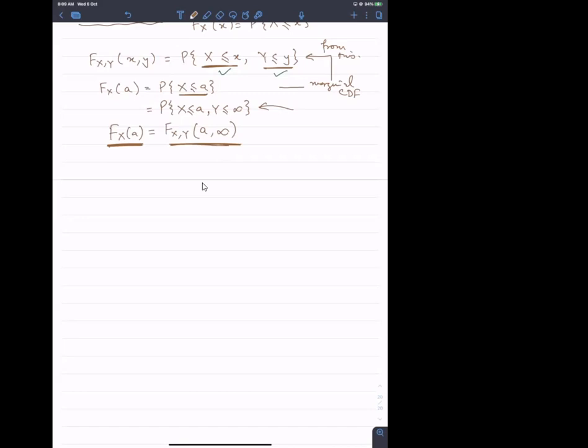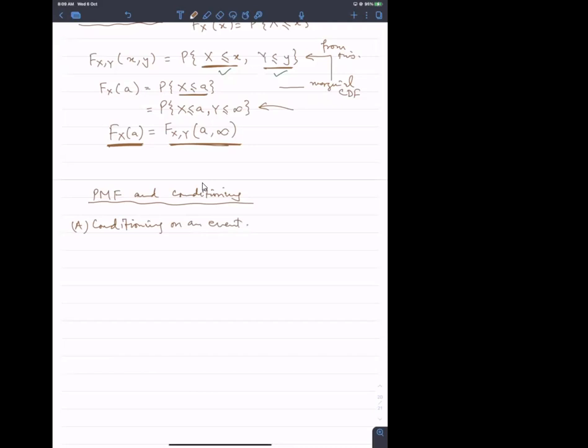Now, let's take a look at PMF and conditioning. Last time we touched upon this topic briefly because we will have another example. So first of all, I'm going to talk about conditioning on an event.